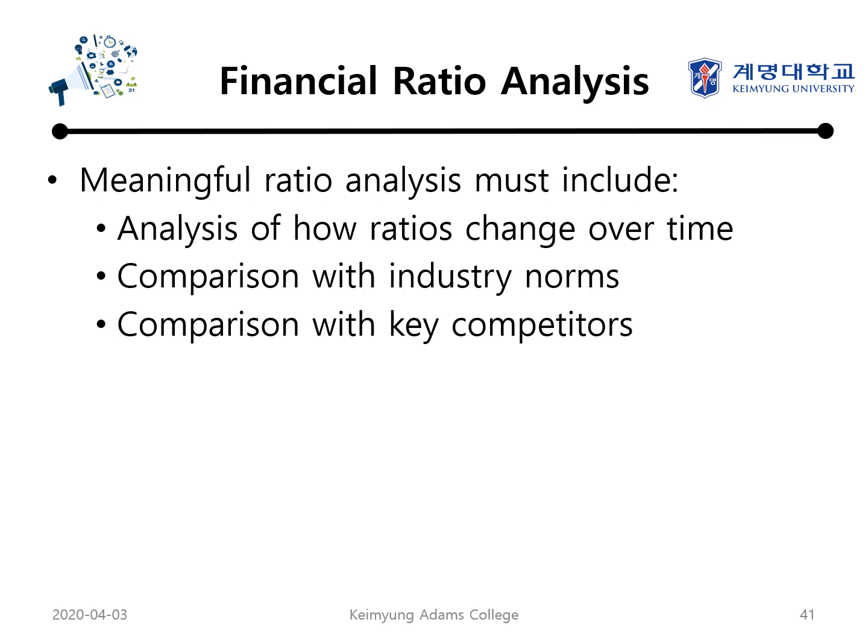The proper approach of a meaningful ratio analysis must include the analysis of how ratios change over time. That's why some companies compare to their history, and some do comparison with industry norm.